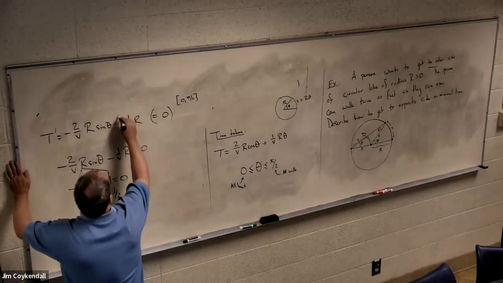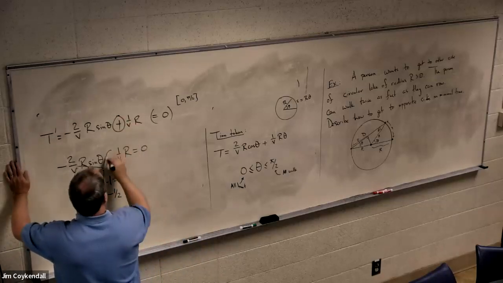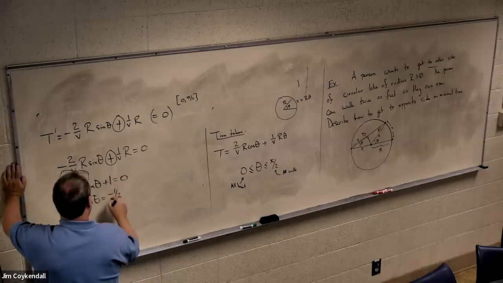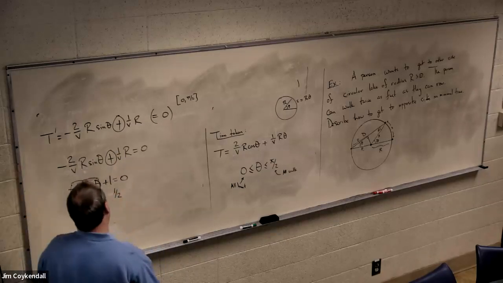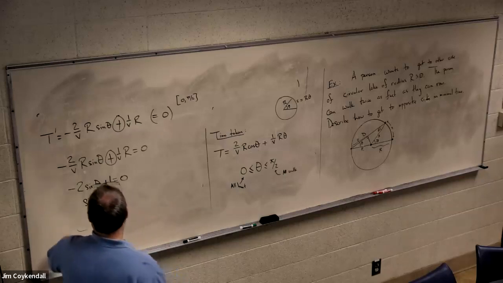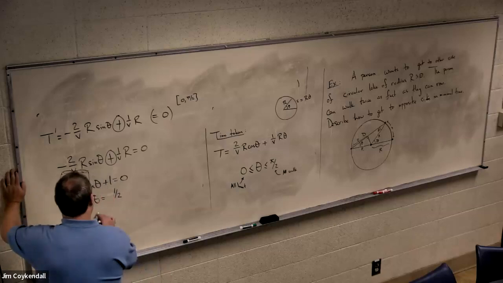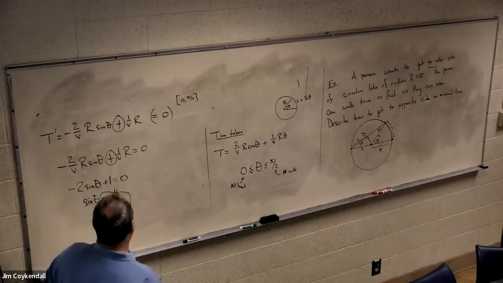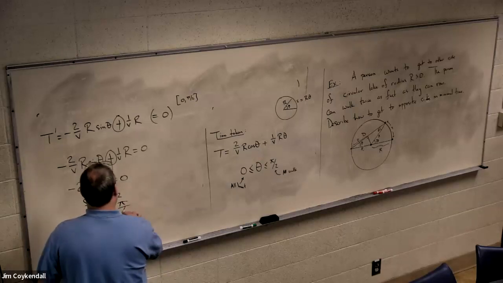Oh, that should be a plus. There we go. Solving this, sine theta is 1/2, and the only place that sine theta is 1/2 between 0 and pi over 2 is at pi over 6.